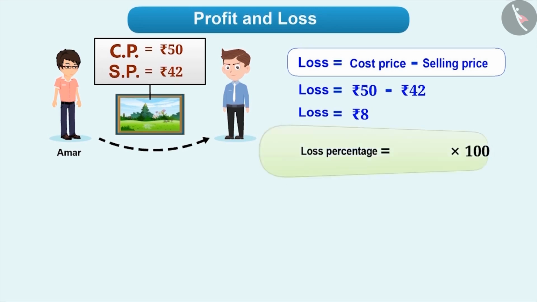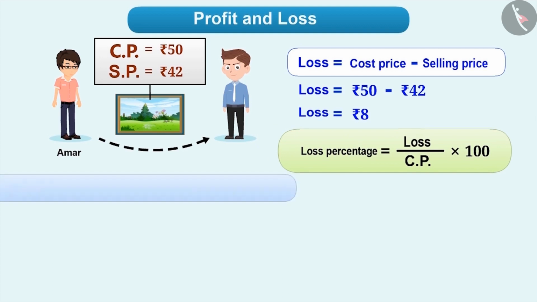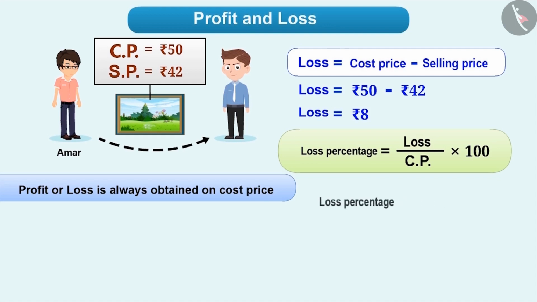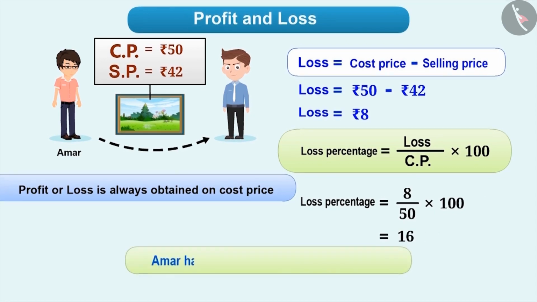Therefore, loss percentage for Amar is equal to loss by cost price into 100. Remember that profit or loss is always obtained on cost price. So, loss percentage for Amar is equal to 8 by 50 into 100, which is equal to 16. So, he gets a 16% loss on his cost price.